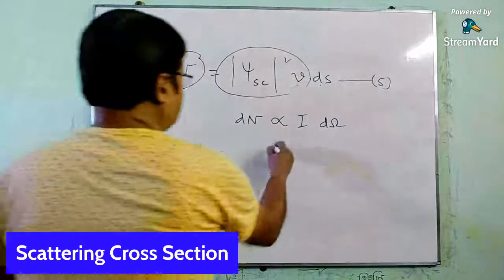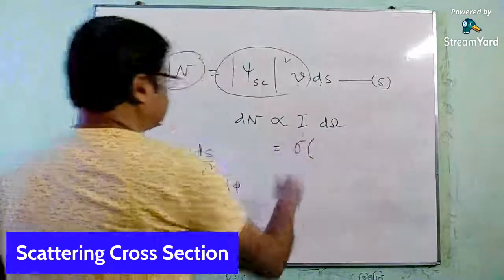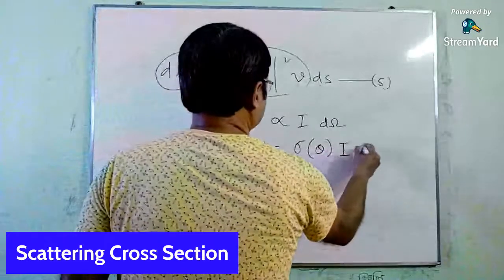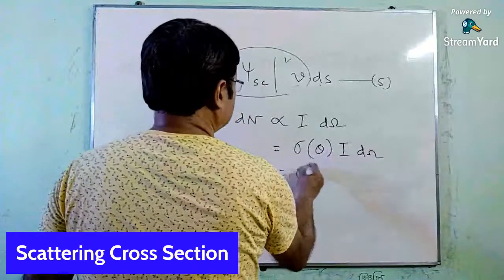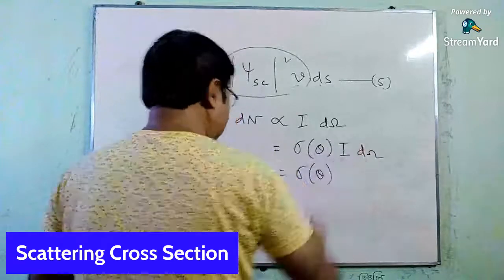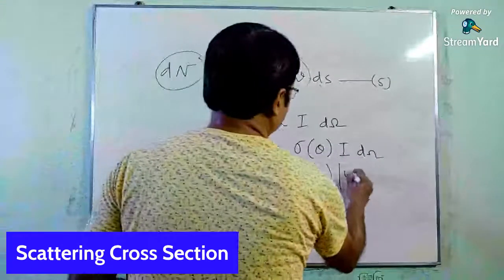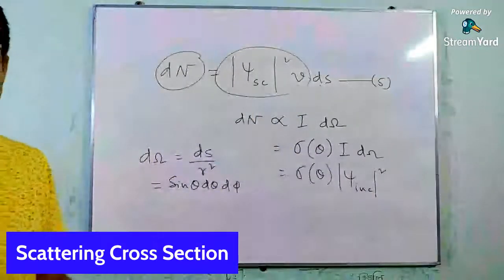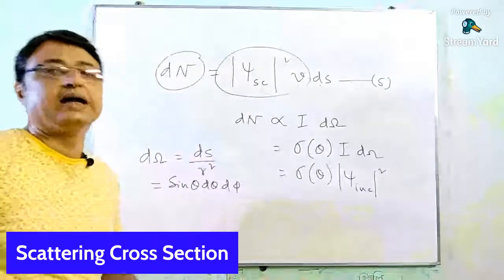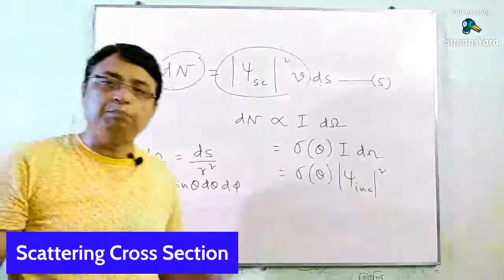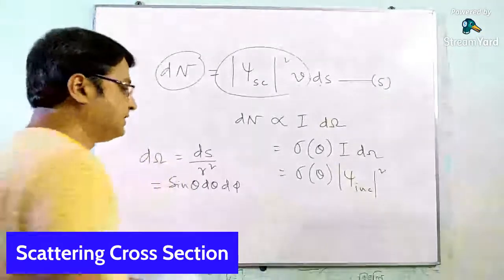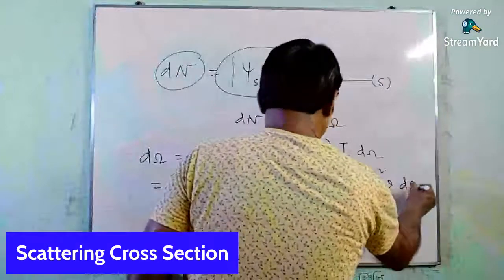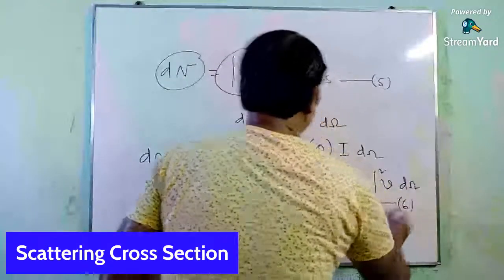It can be written with a proportionality constant sigma of theta into I d omega. Intensity means mod psi inc square, because the amplitude square is nothing but the intensity. So dn equals sigma theta times mod psi inc square into v into d omega, and let this be equation 6.